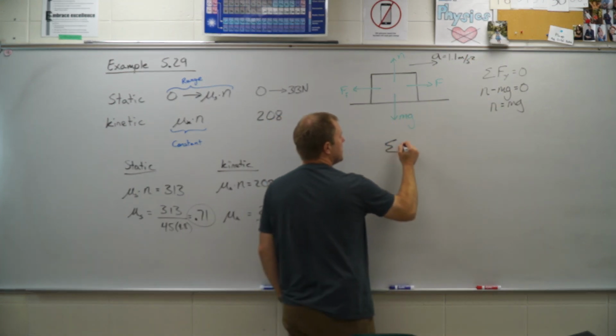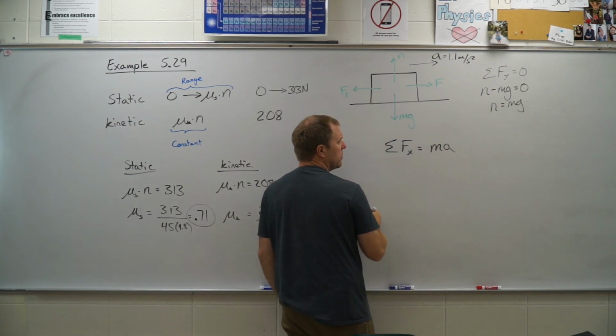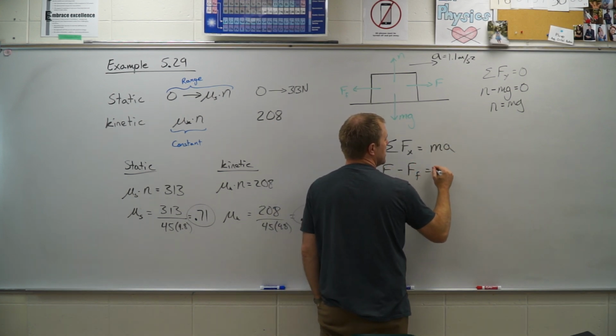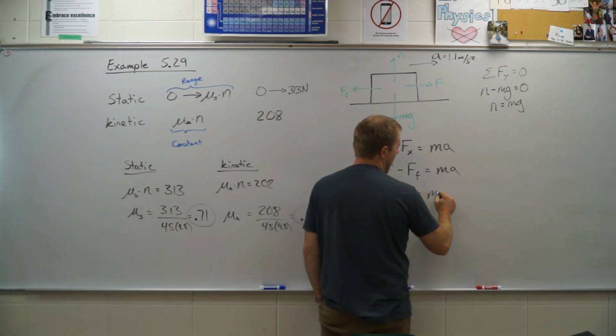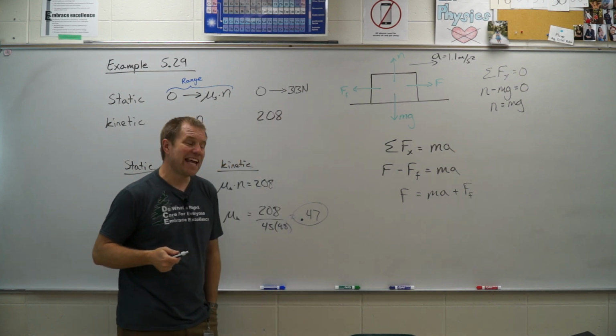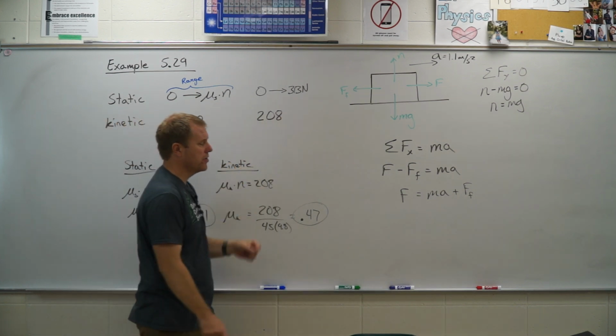So I go ahead and I sum up the forces in the x direction. It's going to cause an acceleration, so it's equal to ma. I have force minus the force of friction equals ma. And so the applied force is going to be ma plus that force of friction. Now in this case, it is a kinetic friction, which I know is a constant value of 208.